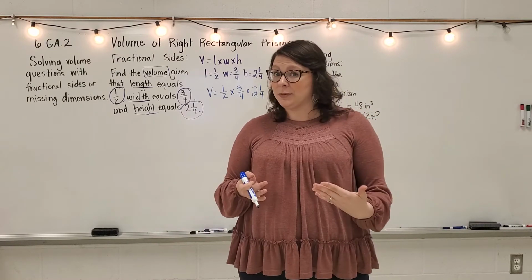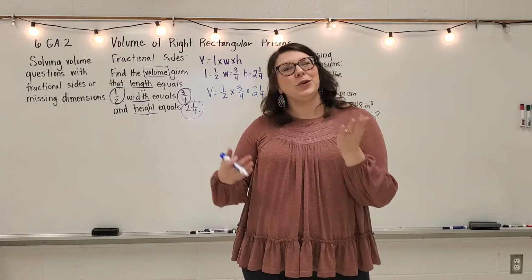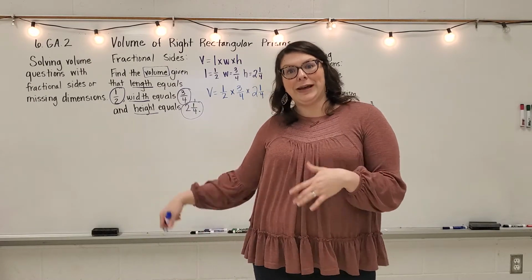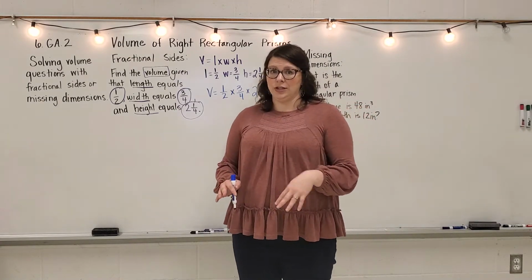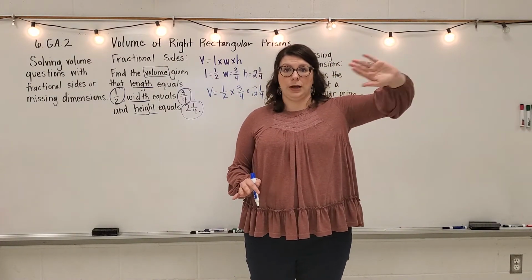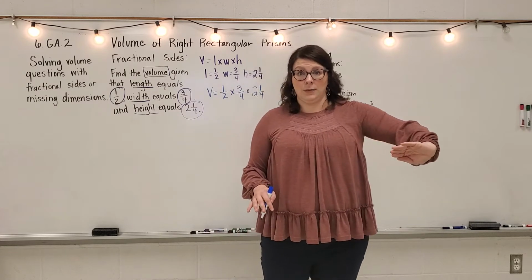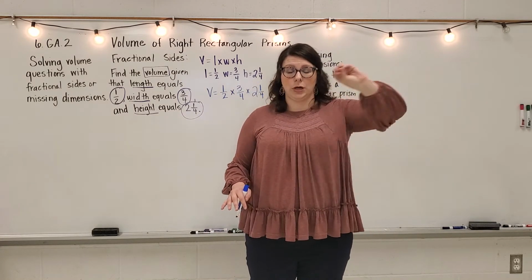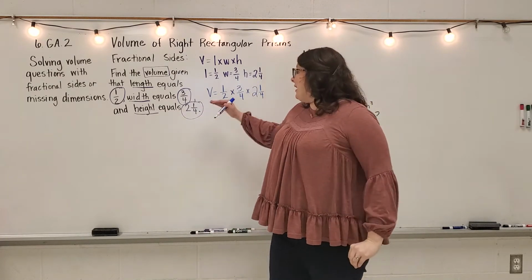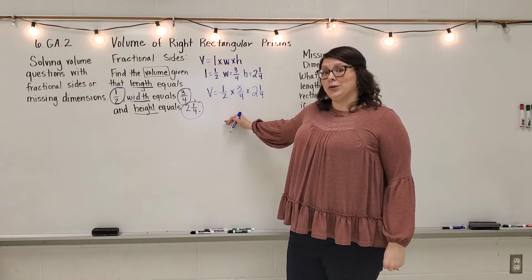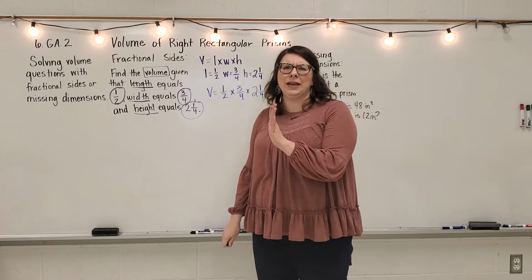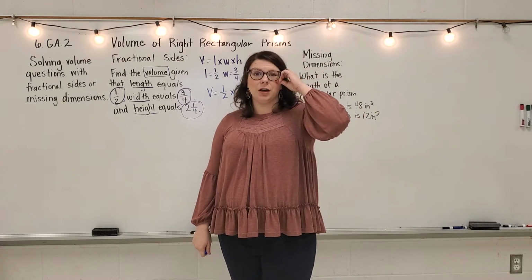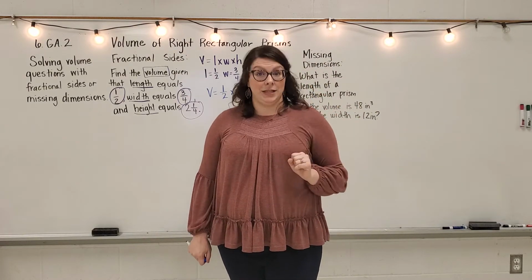Now, you learned how to multiply fractions in fifth grade, so we're utilizing that skill now, okay? When you multiply fractions, you multiply numerator times numerator and denominator times denominator. You go straight across. The reason I cannot go straight across right now is because of 2 1/4. Hopefully you're saying, oh, that is a mixed number.